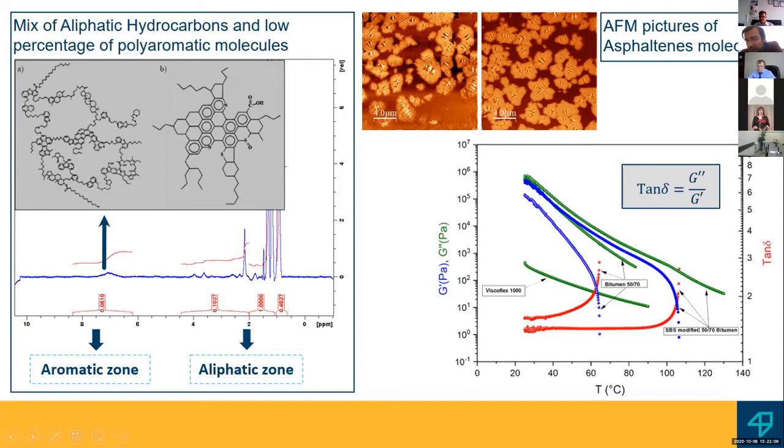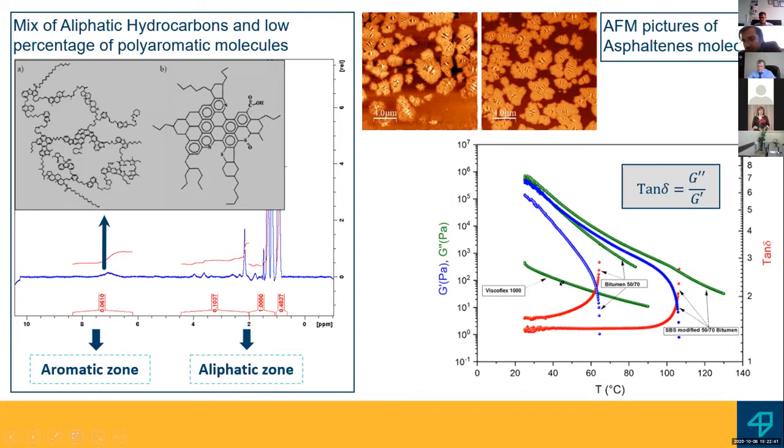Here is an SBS modified bitumen, and as you can see, the transition temperature is very high, about 110 degrees, with respect to an unmodified bitumen, which is about 60-65 degrees. The Viscoflex, which is the product I used, has no transition. It has no viscoelastic properties. It is completely viscous.